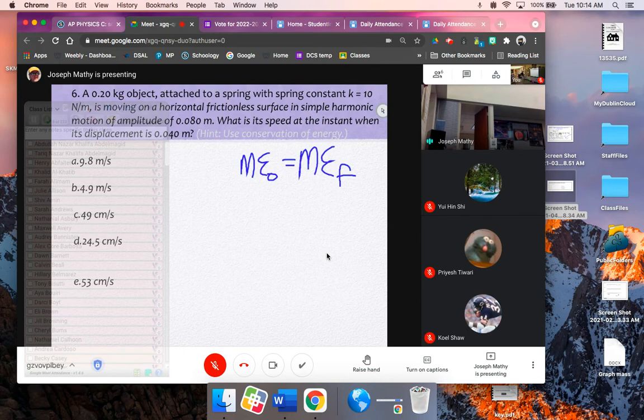What equation are we going to use to solve this? Velocity v equals A omega cos omega t.